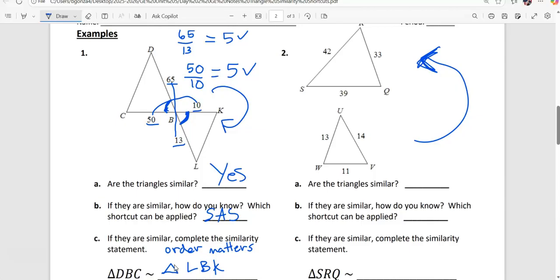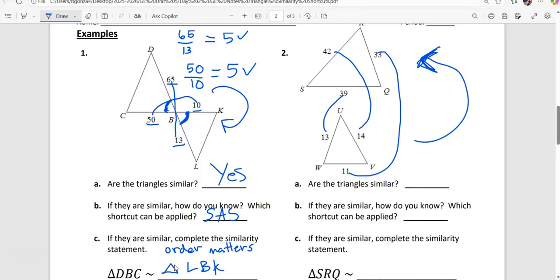What we need to do is see what is corresponding and see if they give us the same fraction. Now, this is kind of crazy because this has been rotated, so I want you to twist your head as you're doing this. This 13 corresponds with 39. This 14 corresponds with 42. This 11 corresponds with 33.